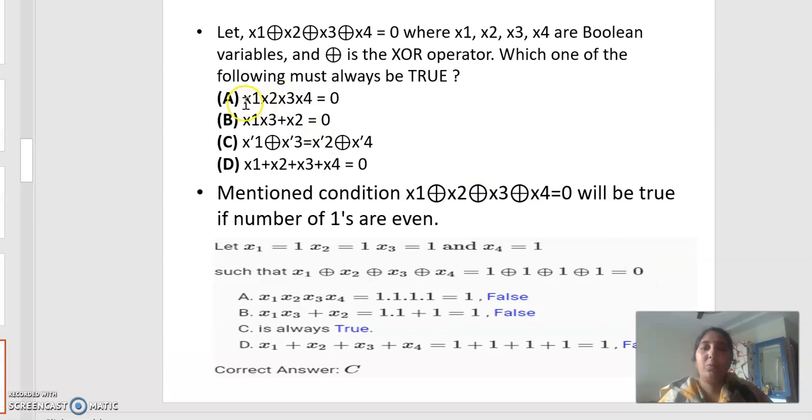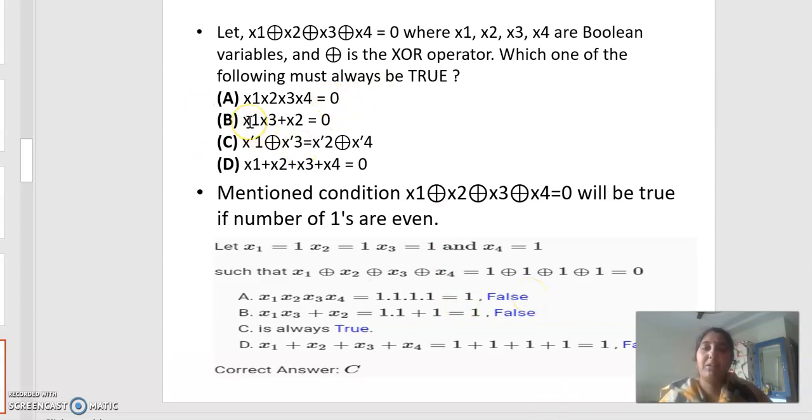Now we'll substitute the ones for all the choices A, B, C, D, and check which option is suitable. If all the variables equal 1, definitely the AND gate value must be 1, but in the given option it is 0, so it is false.